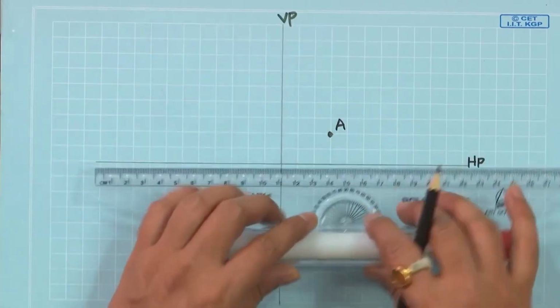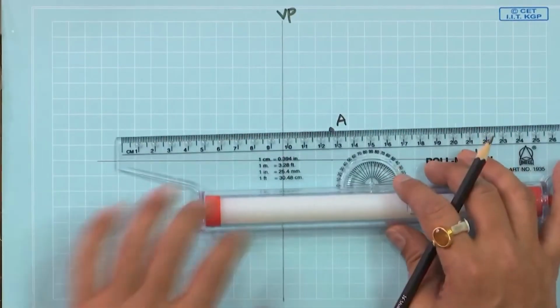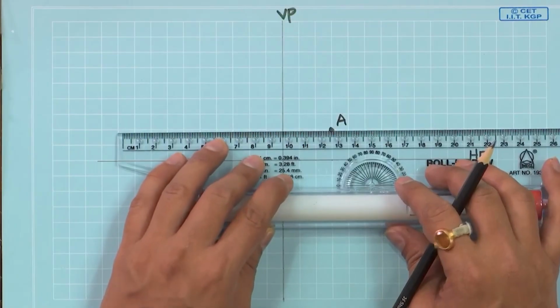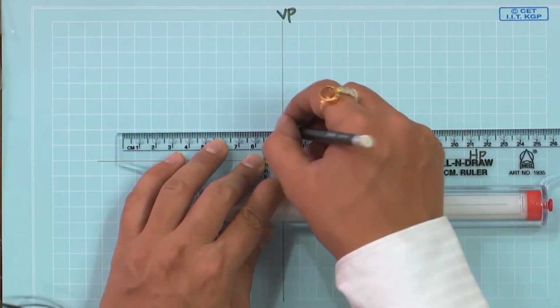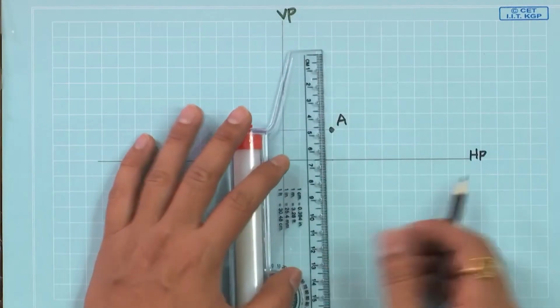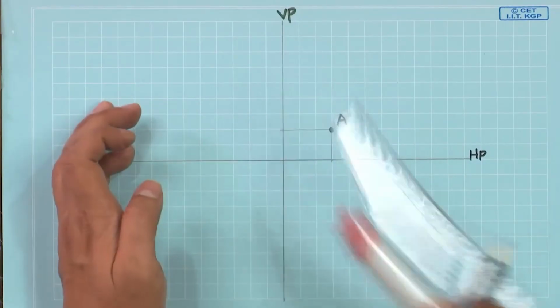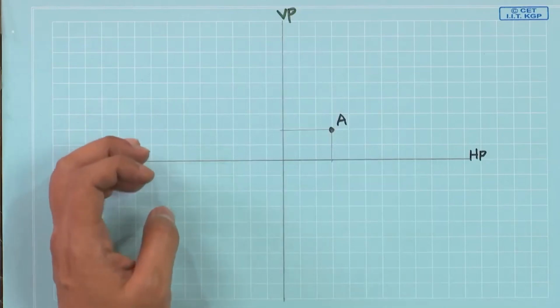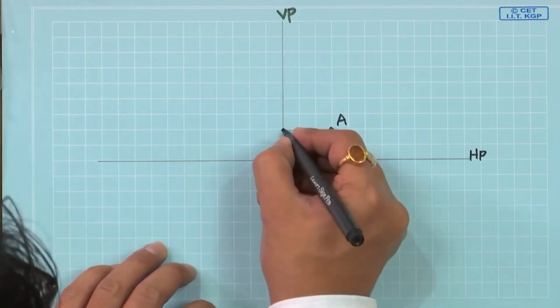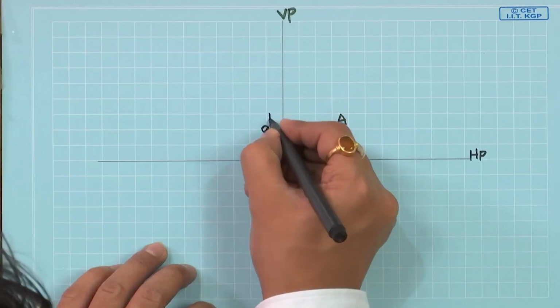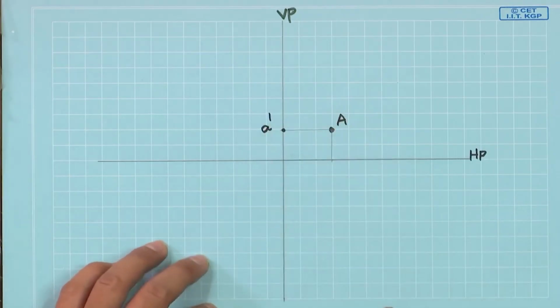First we always project it onto the vertical plane, because that is the easy thing to do. So, project here, similarly project it onto horizontal. Whatever we have projected, that is point A prime on the vertical plane.